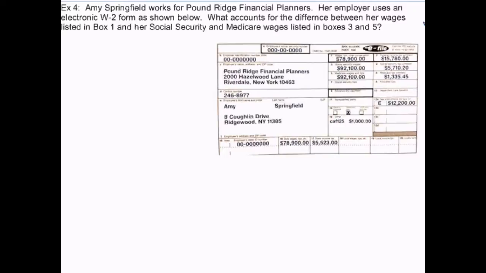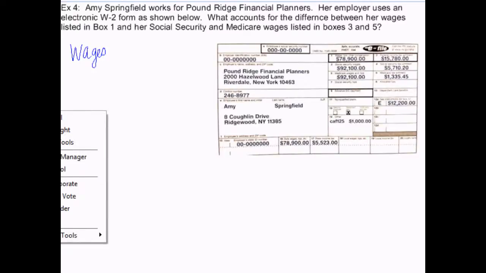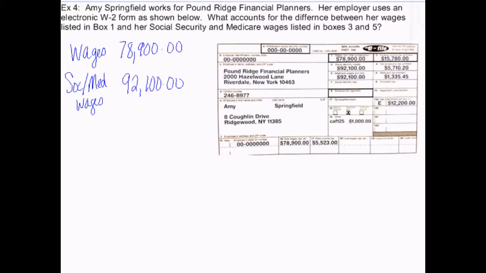Okay, so, yeah. Our worksheet's missing that entire document. If her wages are $78,900, and then directly under that, it says her Social Security wages are $92,100.